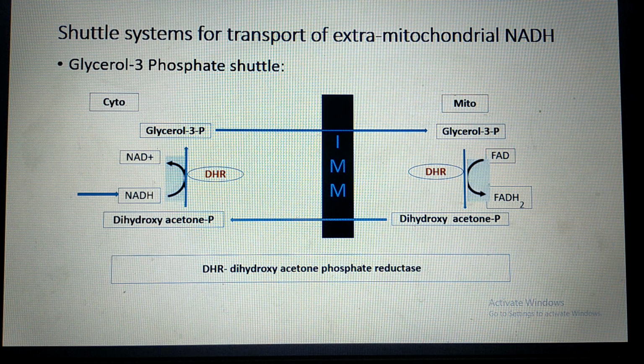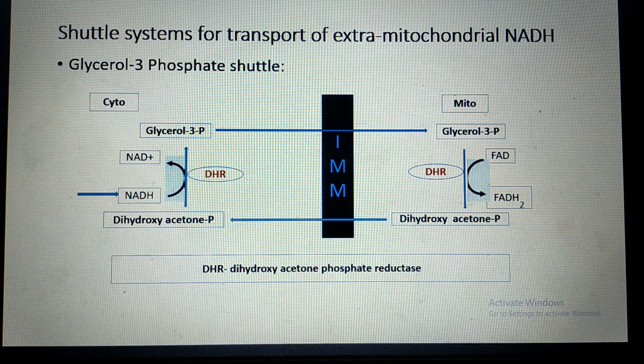One point you have to remember in this shuttle is, see here NADH donates 2 hydrogen atoms to dihydroxyacetone phosphate on the cytoplasmic side to synthesize glycerol 3-phosphate. On the mitochondrial side, glycerol 3-phosphate donates 2 hydrogens to FAD and not to NAD+. Therefore, the product is FADH2 and not NADH. So, what is the difference here?